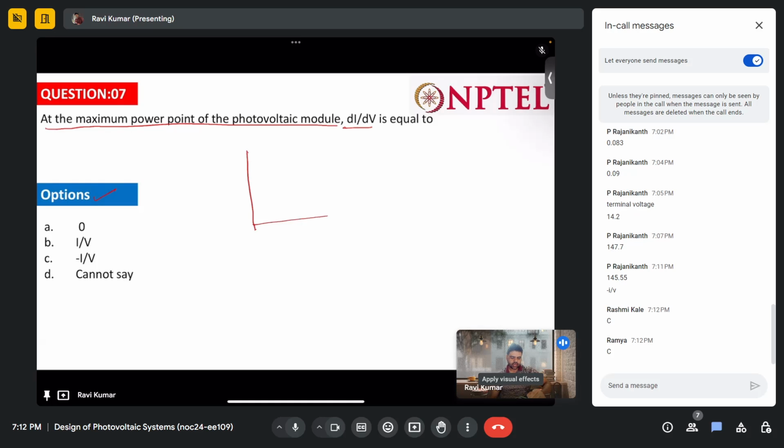It is like this. This is the IV curve, and this is the maximum condition, P max, and P max will be equal to VT into IT, because it is terminals. So we will do dP by dVT will be equal to IT plus VT into dIT divided by dVT, and at this particular point dP by dVT will be 0.